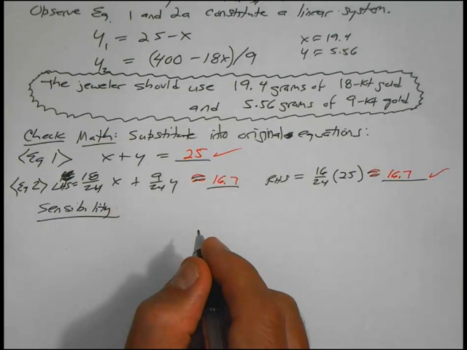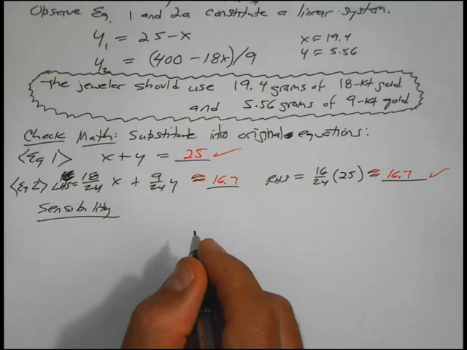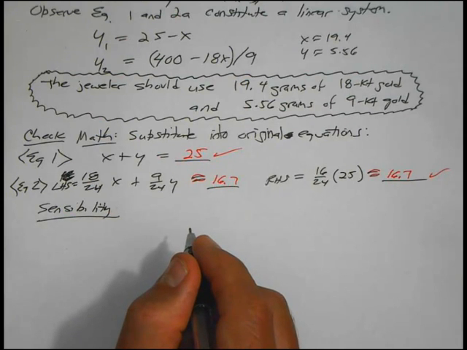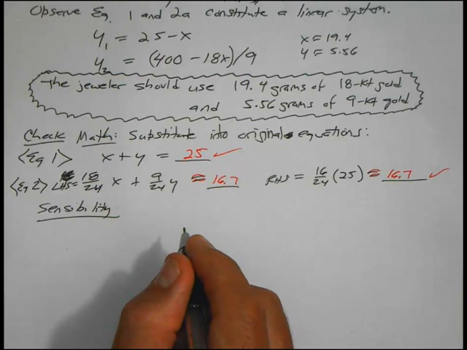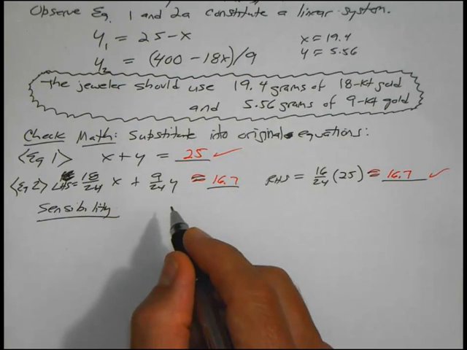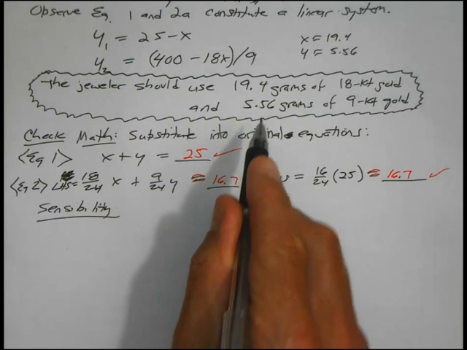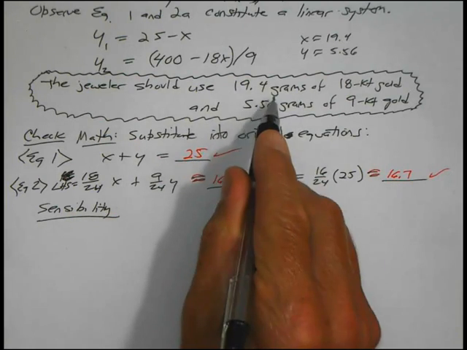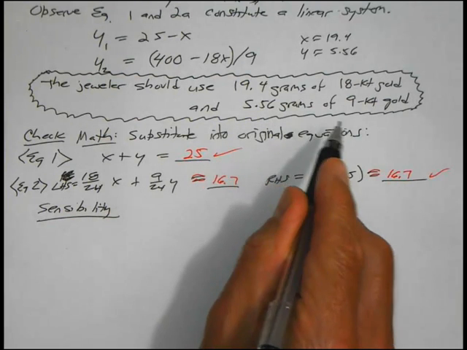You notice the concentration of this final mixture more closely resembles the 18 karat than the 9 karat. So we should expect to see the final mixture be dominated by 18 karat. Is that what we saw? Yes, that's indeed what we see here: 19.4 compared to 5.56 grams.